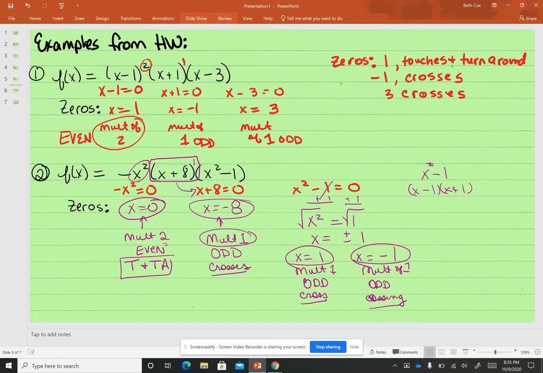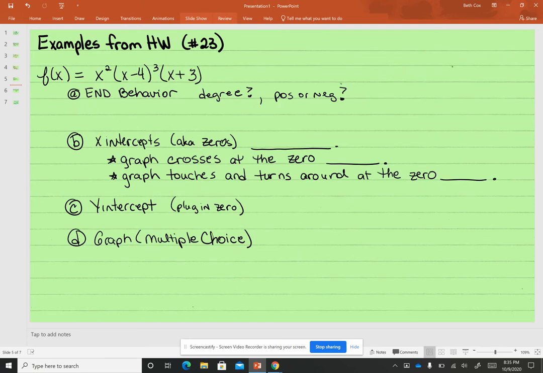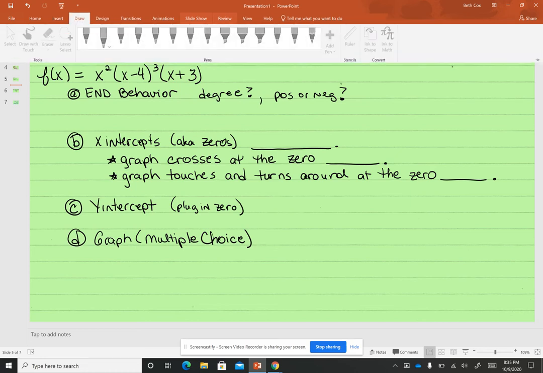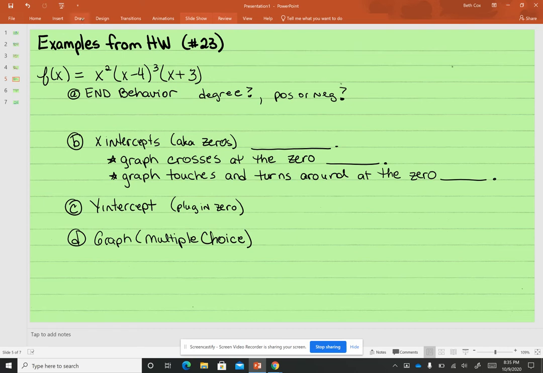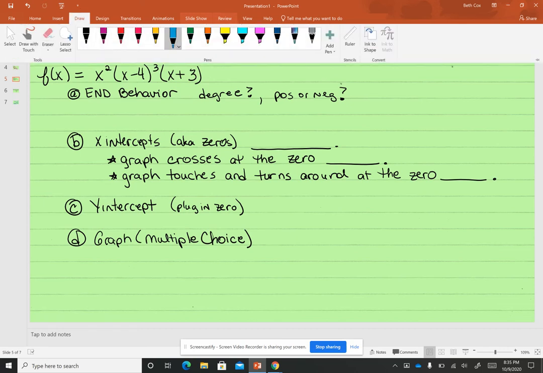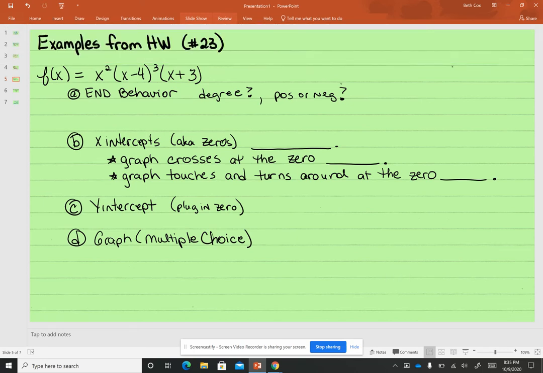Okay, let's look at another one. Now, this one is number 23 on our homework. It's different. It asks for a little bit different things. So let's look through these and see how we want to do these. First thing it wants to know is, what is the end behavior?